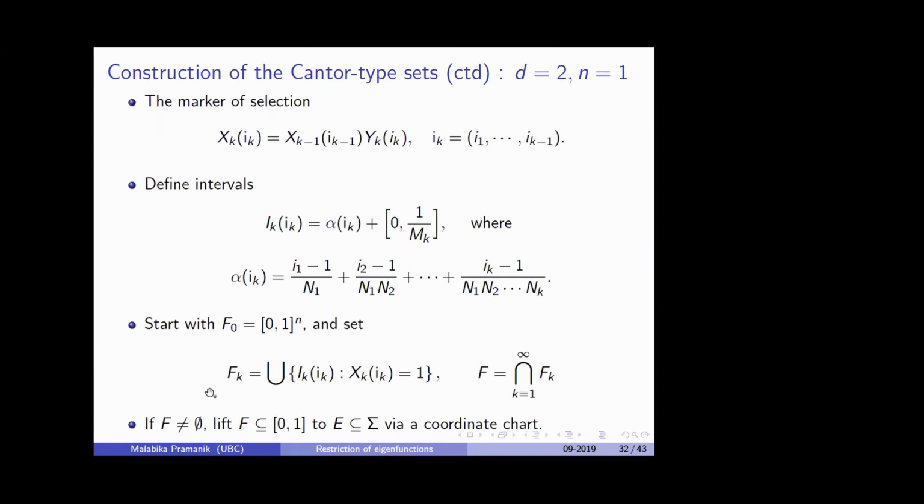So the kth iterate of the Cantor construction on [0,1] yields a set F sub k, which is essentially the disjoint union of all the selected intervals at that level. The final Cantor set is the nested intersection of the iterates F sub k. Capital F is a Cantor set on [0,1], and we can then lift it to a submanifold sigma via a coordinate chart.